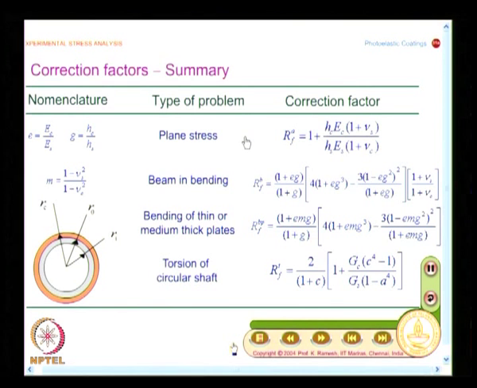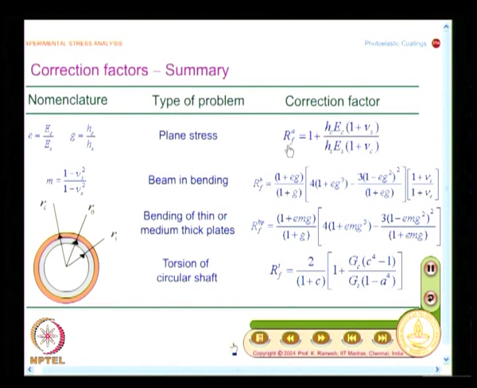And we will look at the correction factors we looked at, and this is more of a summary. Depending on the type of problem, whether it is plane stress, beam in bending, bending of thin or medium thick plates, or torsion of circular shaft, you have the correction factors available here.